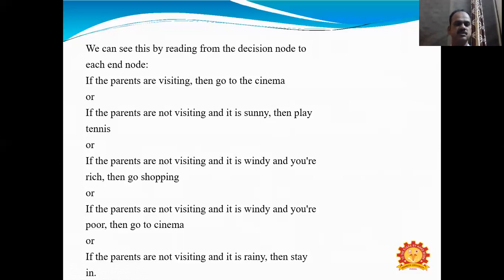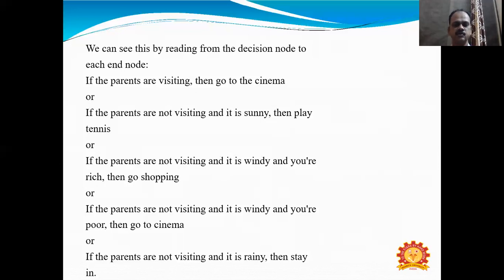Third one, if the parents are not visiting and it is windy, and you are rich, then go shopping. See, if you are rich it means you can go shopping, so you should make the branch at left side. If the parents are not visiting and it is windy and you are poor, then go to cinema.